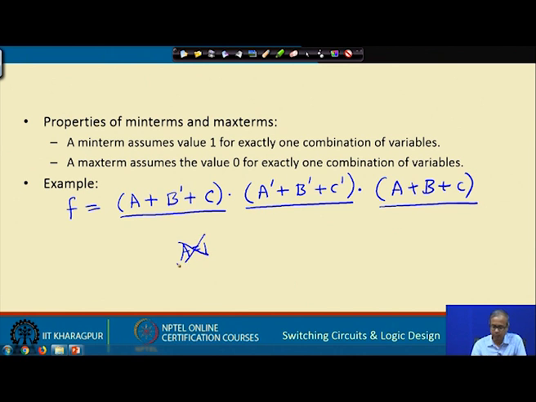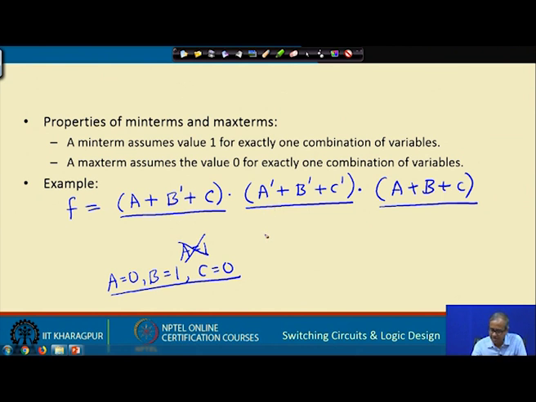Rather, what we will do, we will see for what combination these max terms will be zeros. See, a or b bar or c, it means that if a is 0, if b is 1 and if c is 0, then all these 3 literals will be zeros, 0 or 0 or 0, the first max term will be 0.